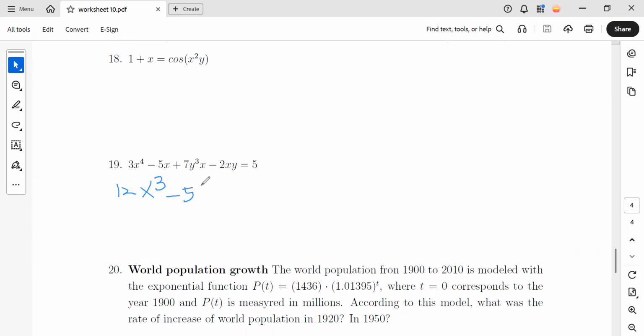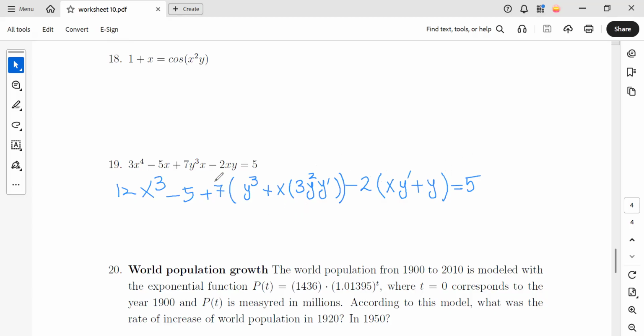But for the third term, since it is y cubed times x, you would write it as 7 times, copy the first one, derivative of the second one, which is 1, plus copy the second one, and derivative of the first one, which is 3y squared times y prime here, minus, same thing for the next part, which is 2 times, copy the first one, derivative of the second one, y prime, plus copy the second one, derivative of the first one, which is 1, equals 5.